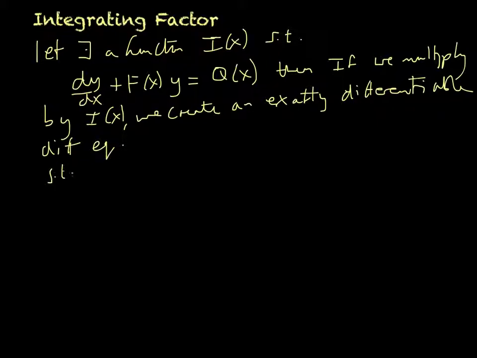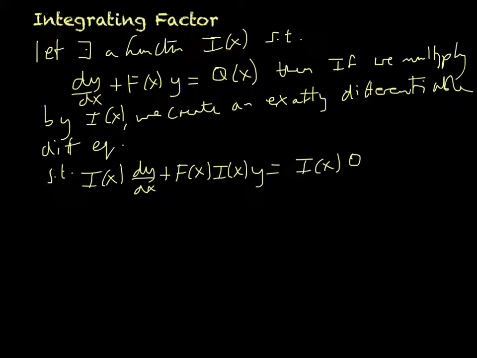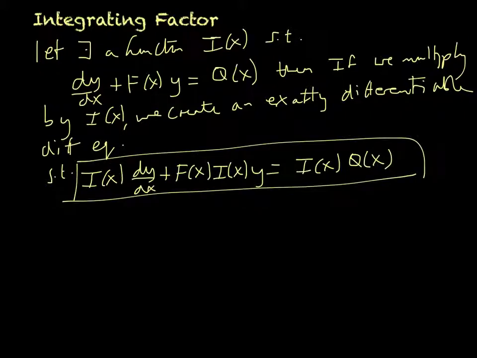Such that, what I'm saying is that if I multiply everything by this function, I get I of x dy by dx plus f of x I of x y equals I of x q of x. And if this is exactly differentiable, then we'll see what happens. Okay? So let's have a go.